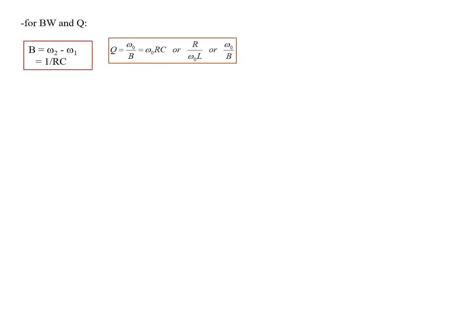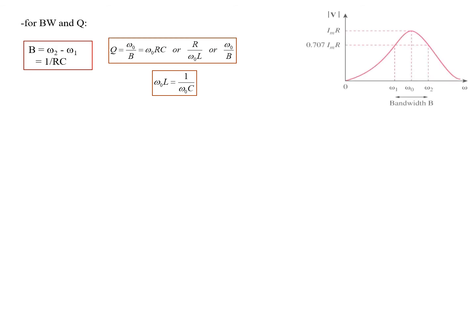And let's look at bandwidth and Q. Bandwidth is ω2 minus ω1, that is 1 over RC, and Q is ω0 over B, or ω0RC, or R over ω0L. And ω0L is equal to 1 over ω0C.